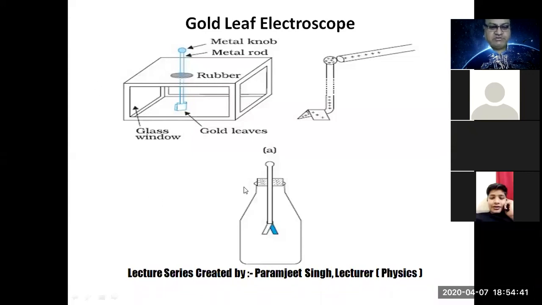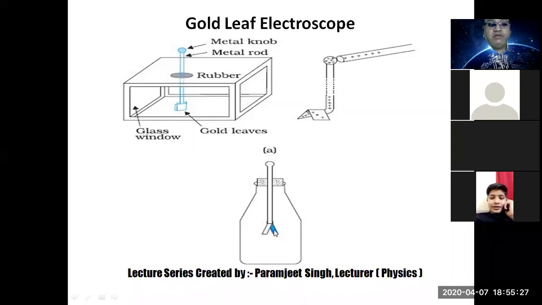Take a glass bottle or a glass container, of cubical shape or like this, and arrange a metal rod with a metal knob, and a rubber piece or cork, any insulating fitting, in the mouth of the container. Both shapes are gold leaf electroscopes. It is a very small arrangement: a glass bottle, one metal rod, one insulating cork. Put the metal rod through the cork.